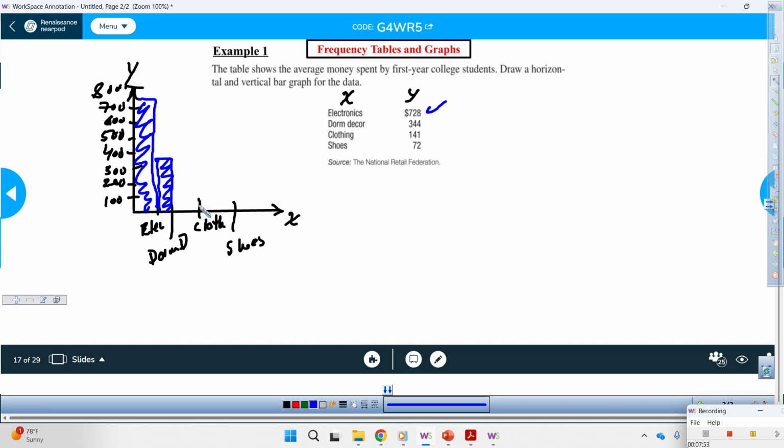Clothing is 141, so somewhere right here. And shoes, $72. There you go. Now, do the bars have to be close together? No.